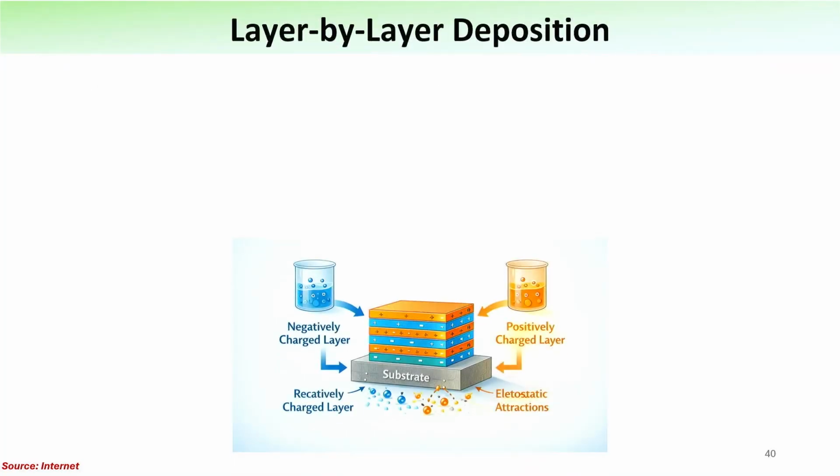Then layer by layer deposition. At different layers we can deposit the chemical during coating. This is the substrate. A negatively charged layer is followed by a positively charged layer.